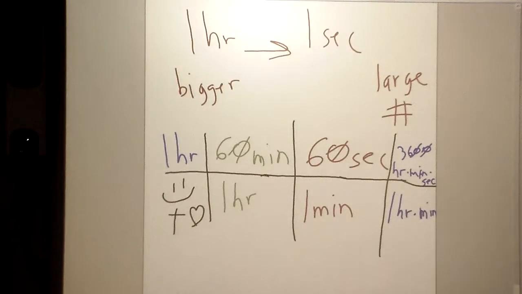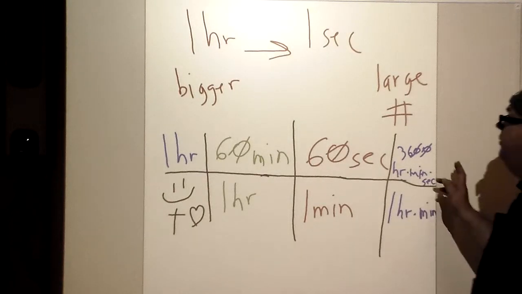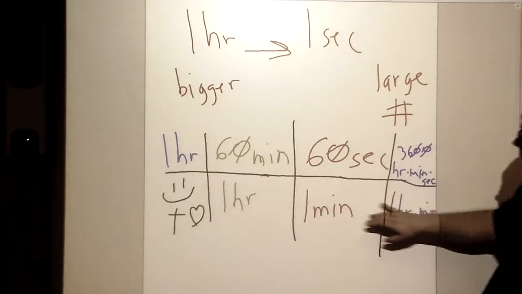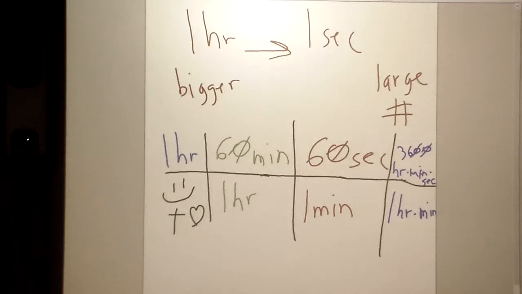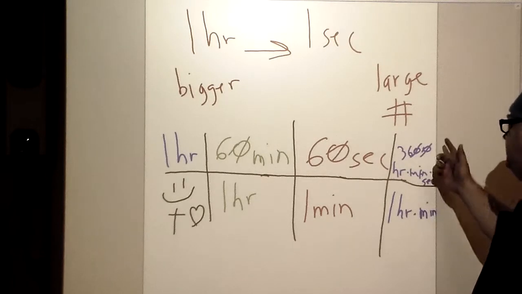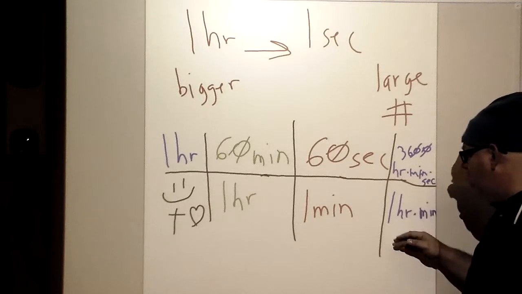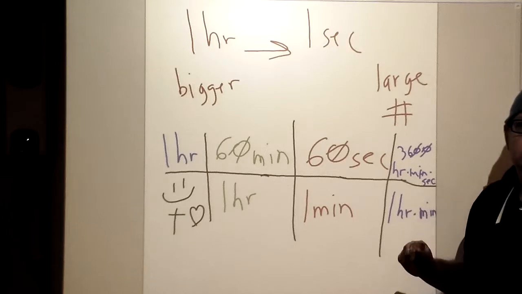So this is what it's going to look like. And all I did was just put in the information here, multiply it out like this, and now the last part. The last part, I've got 3,600 hours times minutes times seconds divided by 1 hours times minutes.